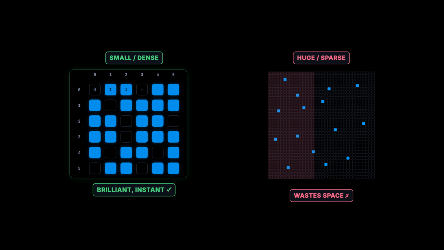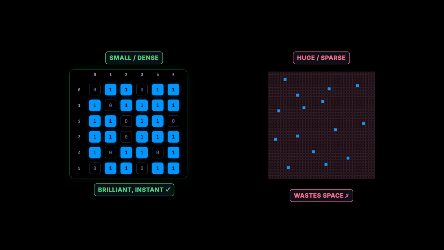So here is the honest trade-off. The adjacency matrix is brilliant when your graph is small, or when it is dense, meaning most nodes are connected to most other nodes. Checking a connection is lightning fast. But if your graph is huge and sparse, lots of nodes, very few connections, it wastes a lot of space.